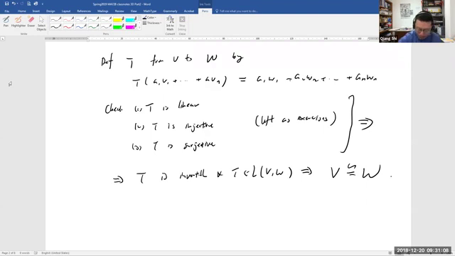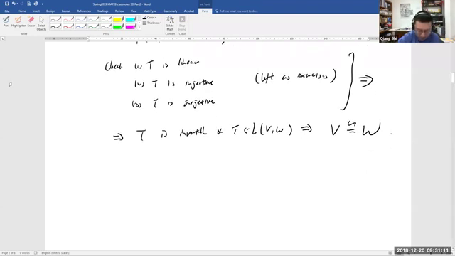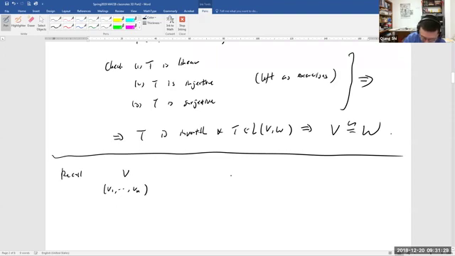Before that, let's quickly recall how we actually define that matrix. Let's recall something we did before. You have a finite dimensional vector space V with a basis, and a T from V to W, where the basis of W is W1 to Wm.